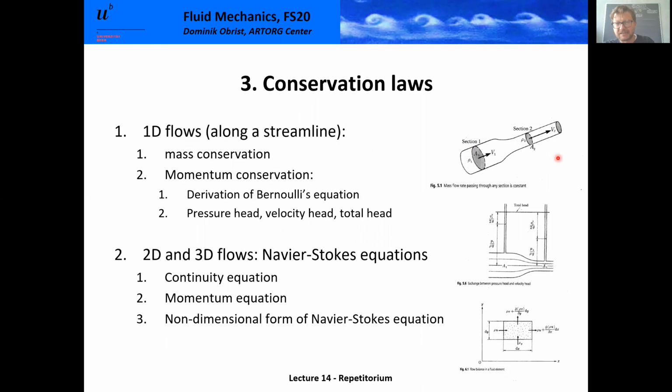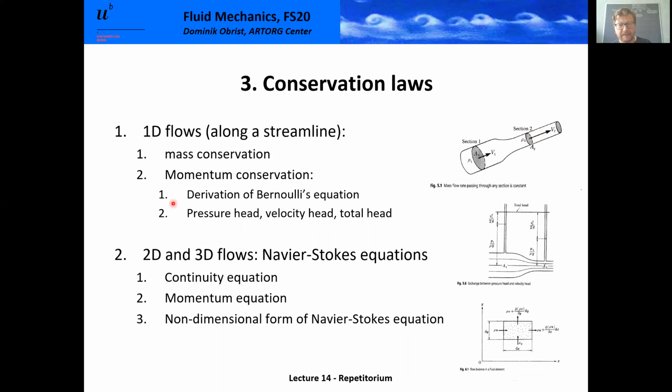To understand mass conservation in a 1D or in a streamline flow, this picture was sufficient. Actually, we used the same picture later on in the lecture on compressible flows. The only difference was that rho 1 and rho 2 were either a constant or a variable in compressible flows. But very quickly we could formulate a law for mass conservation.